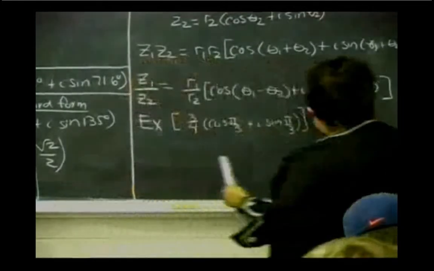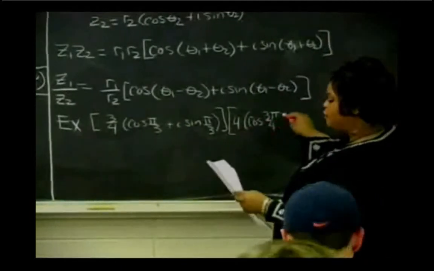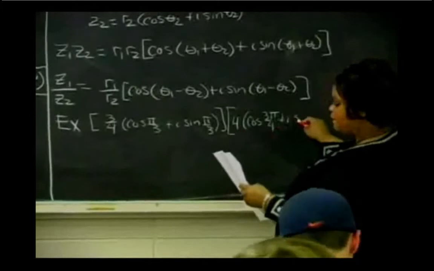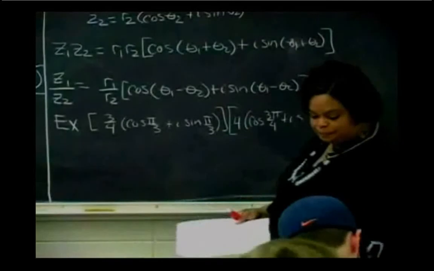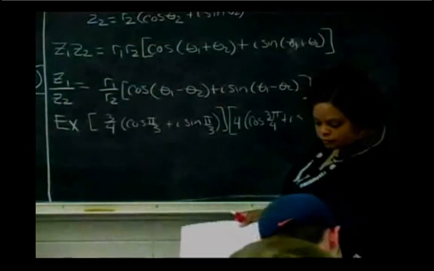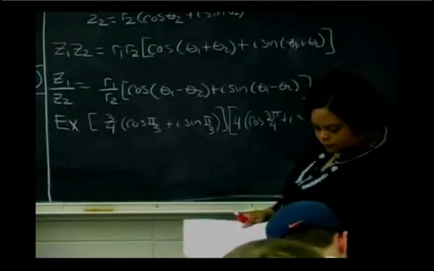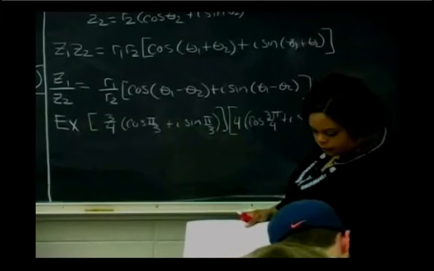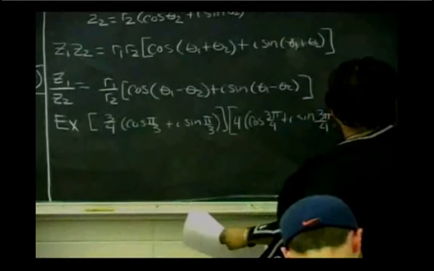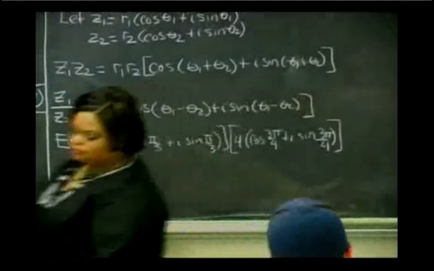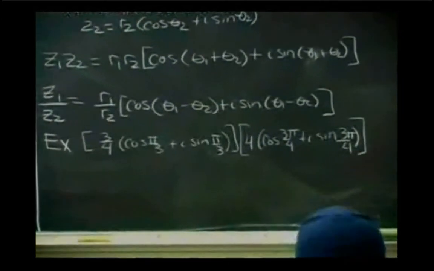And we want to multiply it by the second number, 4 (cosine 3 pi over 4 plus I sine 3 pi over 4). Okay?